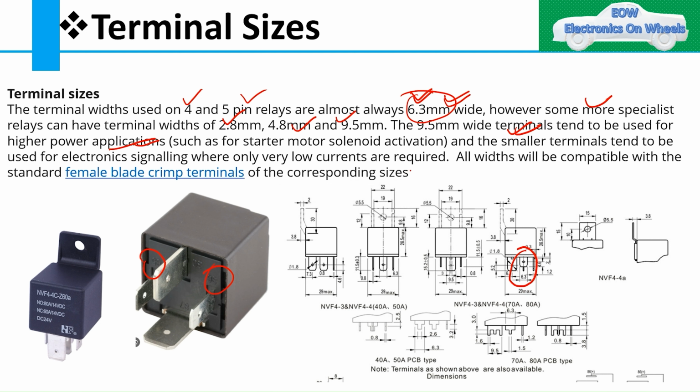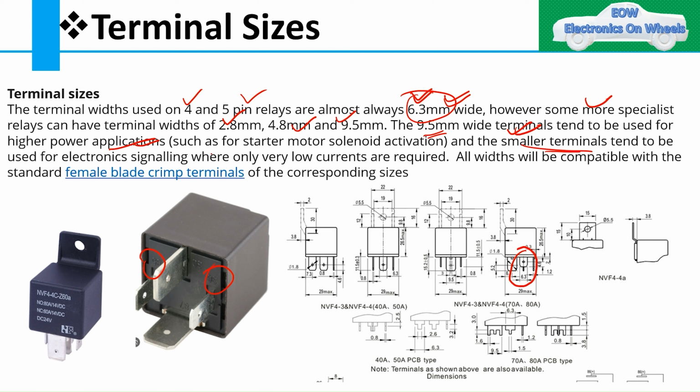The peak current depends on the kilowatt rating, but it ranges around 700 or 600 amps. In that type of situation you have to use the bigger terminal width, like 9.5 mm.